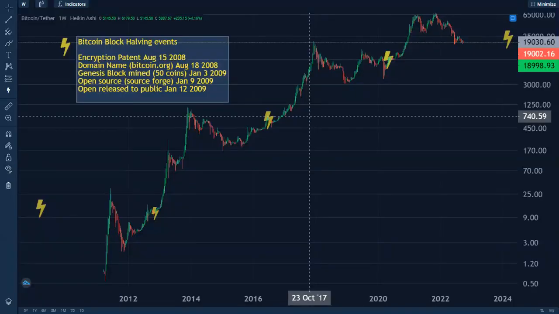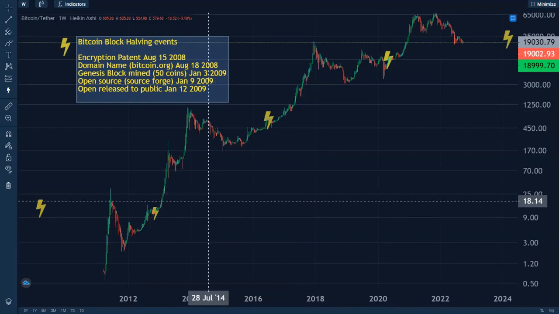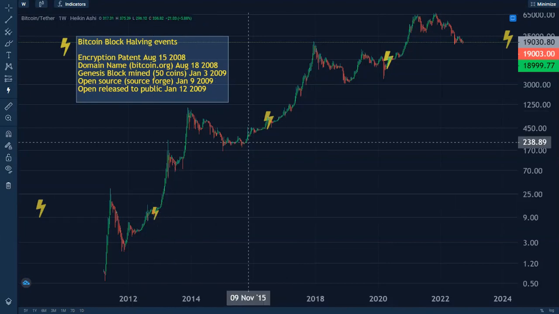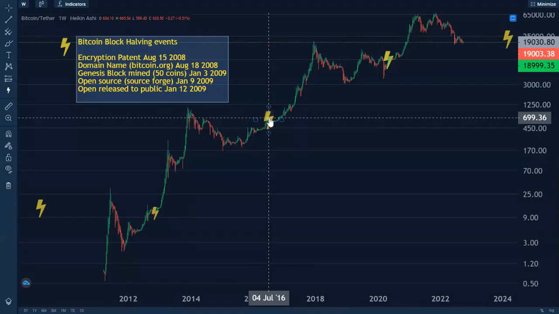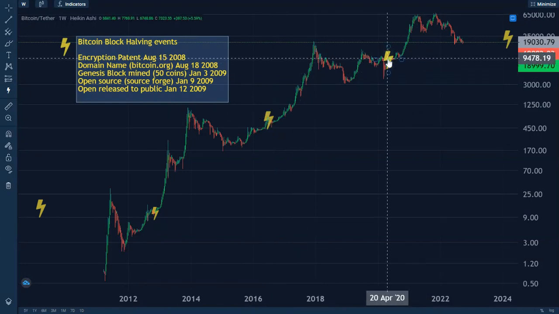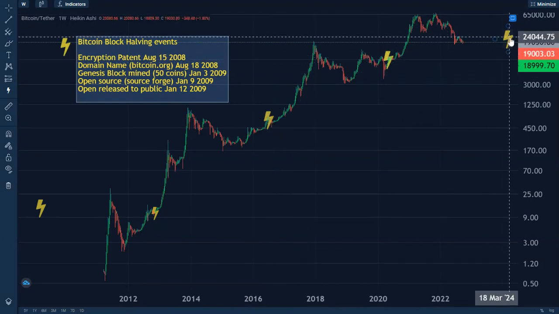We're going to look at the Bitcoin block halving events, and we're going to compare all our Bitcoin halving events right against this halving event that we're going to have in March 24.